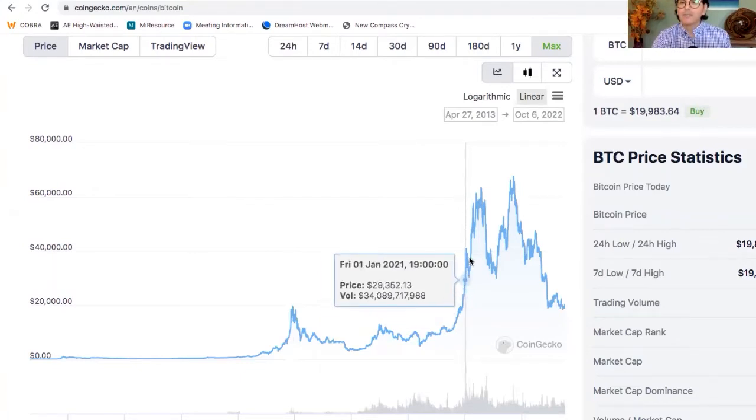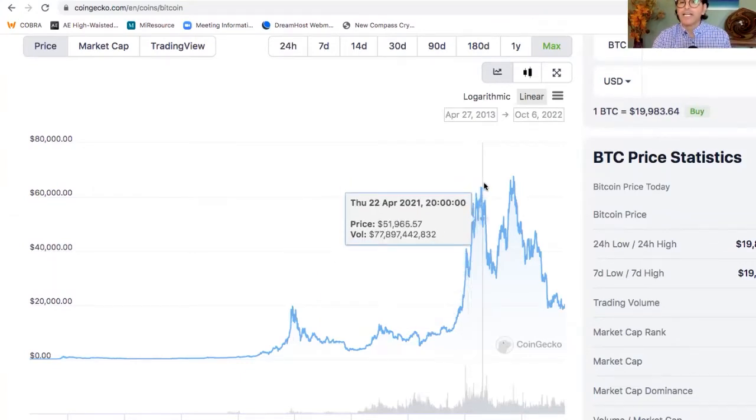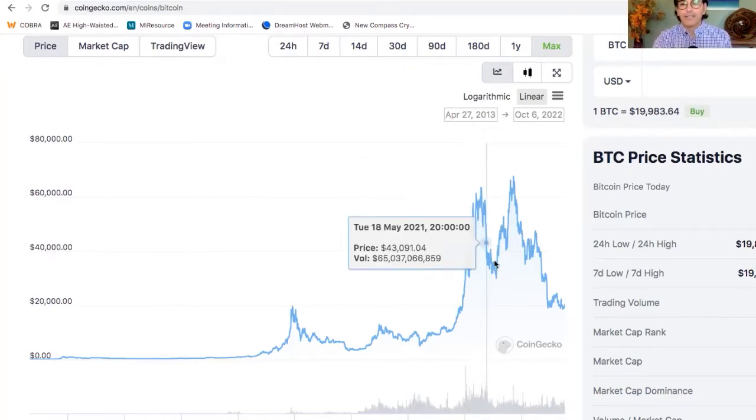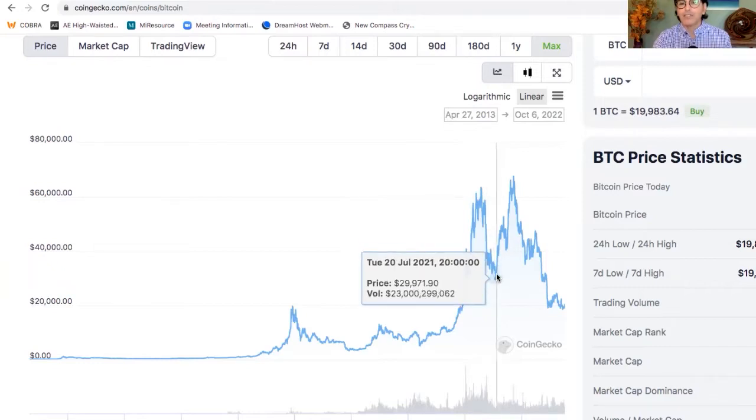Let's say that you follow the chart this way and you were unlucky enough to buy Bitcoin again on April 13th of 2021 for $63,000. And then it just crashed all the way again to $29,000. You lost more than 50% of your money by July of 2021.